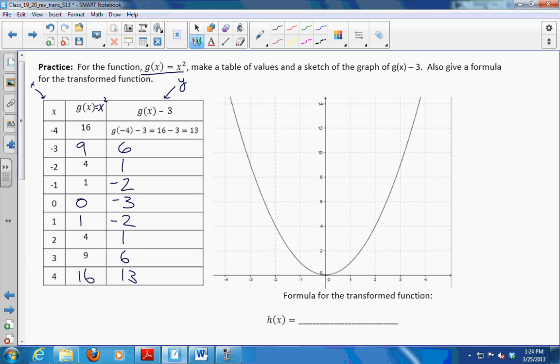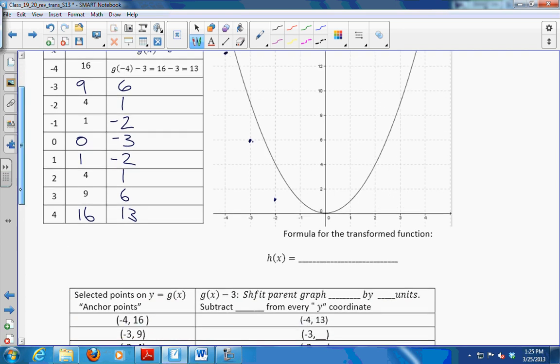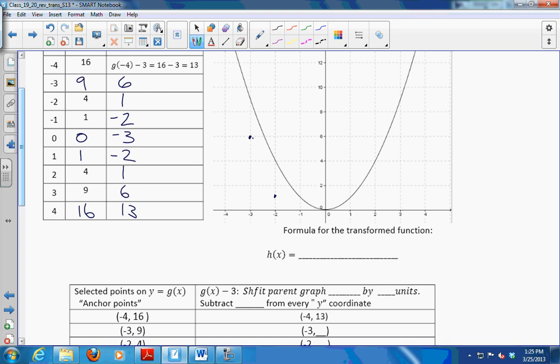So now I'm going to plot them. I have negative 4, 13, negative 3, 6. Negative 2, 1. 0, negative 3. So negative 3 is going to be right here.